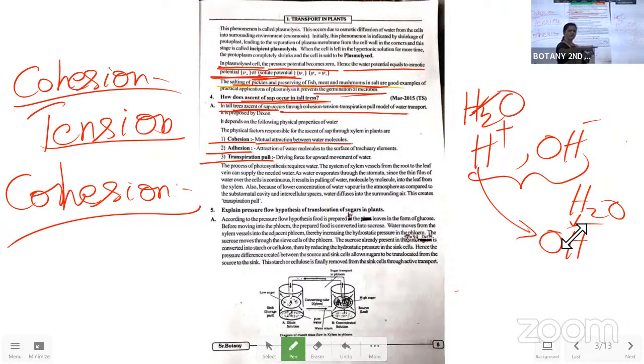They combine to make the water molecule again, then separate again, then the H plus combines with another molecule's OH minus. Like that, they keep on moving. So water will continuously move. This is the way. So here also we are saying the same thing: cohesion means attraction between the water molecules.